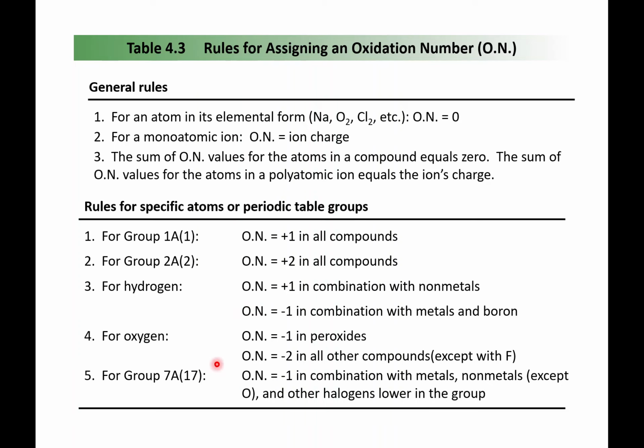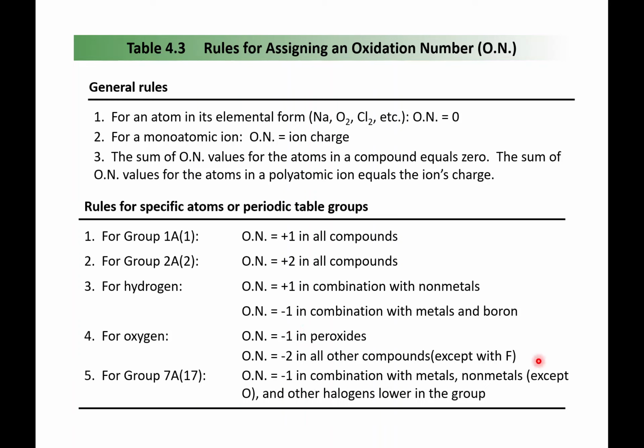Oxygen, pretty much all of the time in the examples we'll see, will be a -2 oxidation number in compounds. The real exceptions to that are peroxides. So when oxygen is in a compound that contains an oxygen-oxygen bond, the oxidation number is going to be -1.